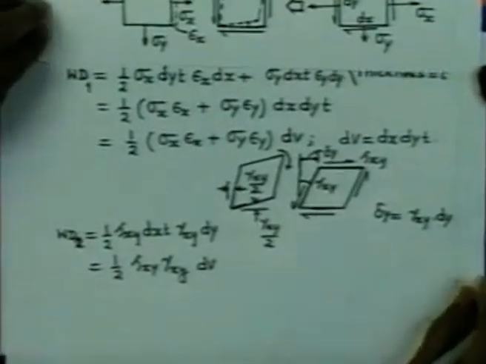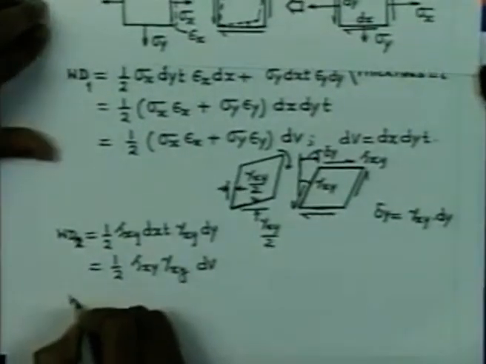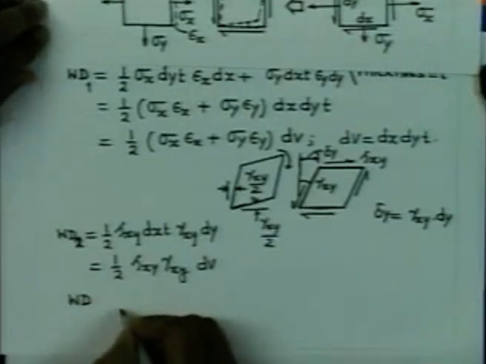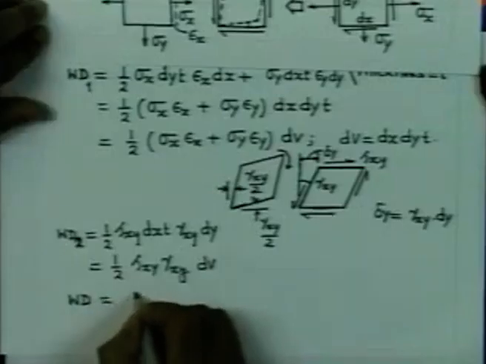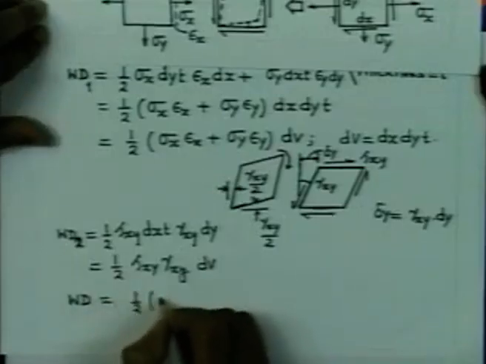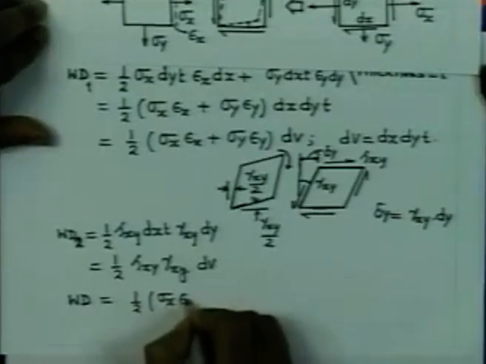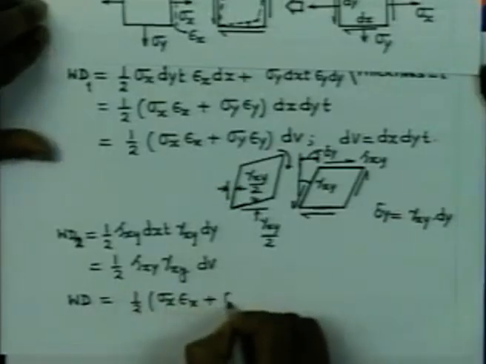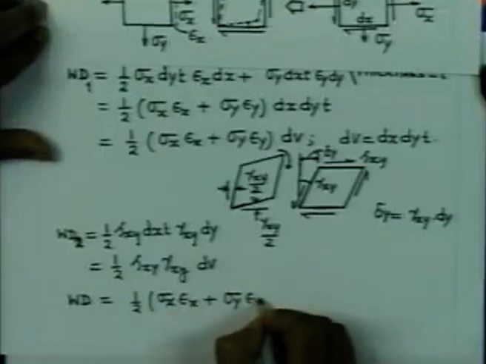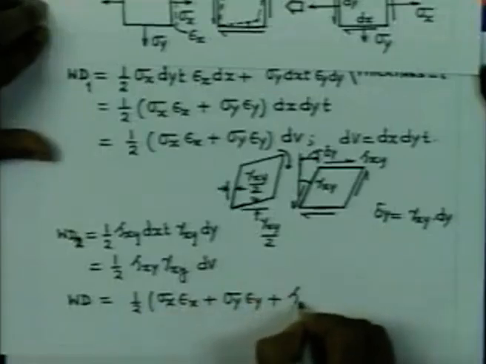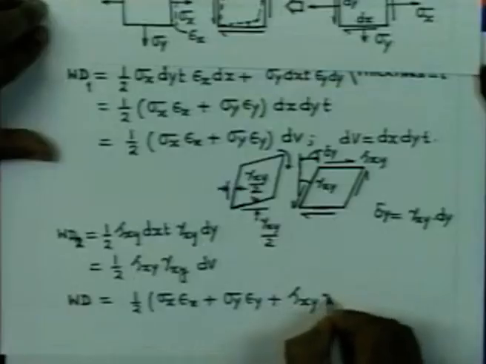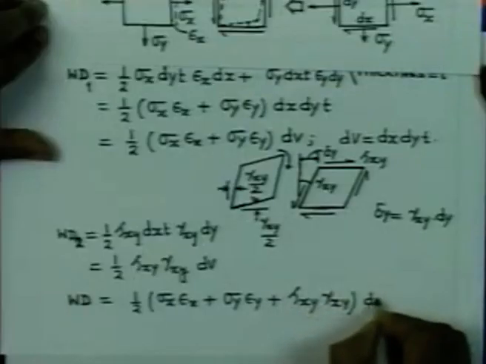So, therefore, we have two components of the energy. The total work done is going to be half sigma x epsilon x plus sigma y epsilon y plus tau xy gamma xy into dV.